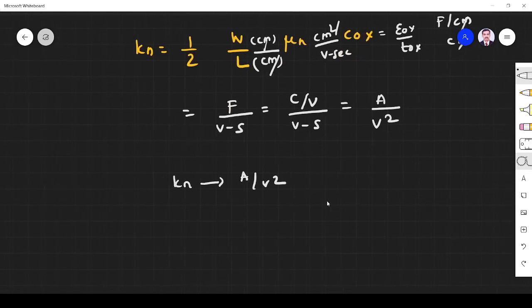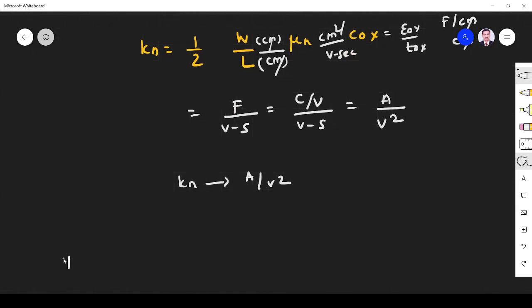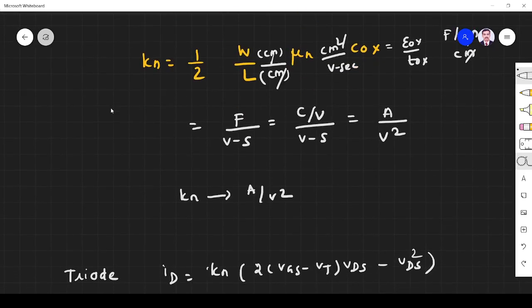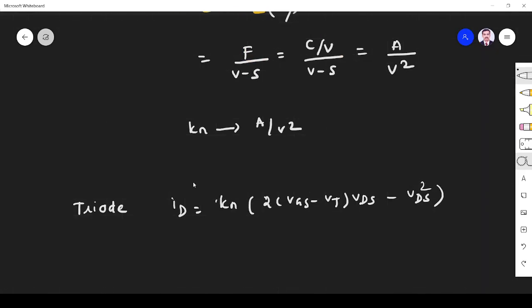Next, we will find the current for the triode or non-saturation region. For that, the current is given by ID is equal to Kn [2 (VGS minus VT) VDS minus VDS square], where VT means VTN only. Here you see ID depends on VDS.